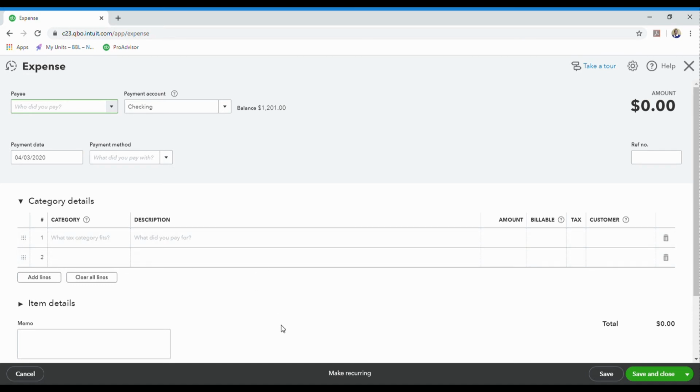You put in all the information here, and that's it. That's what an expense is. So remember, for an expense, you pay for your product or service with cash, credit card, it doesn't matter how you pay for it. You give that person money for that transaction at the same time that you bought it. That's an expense.